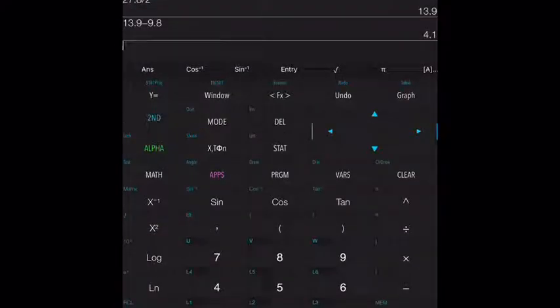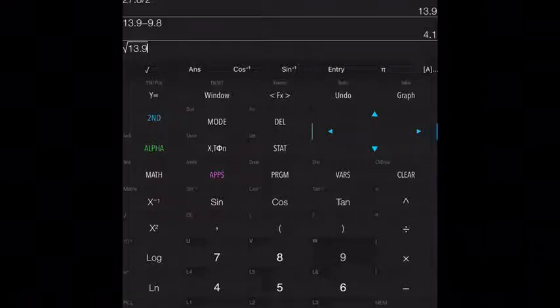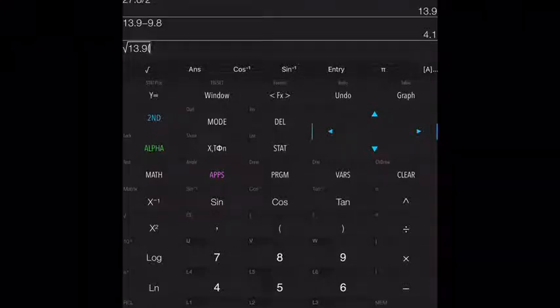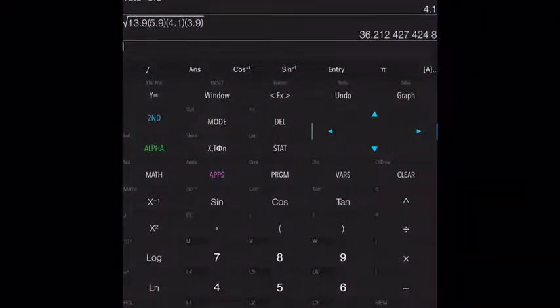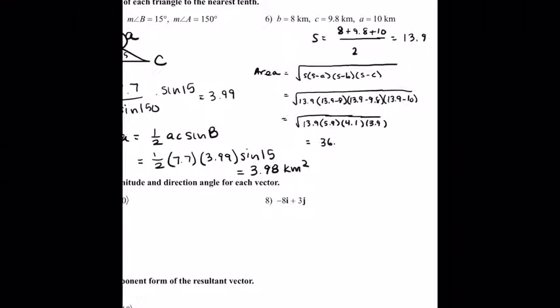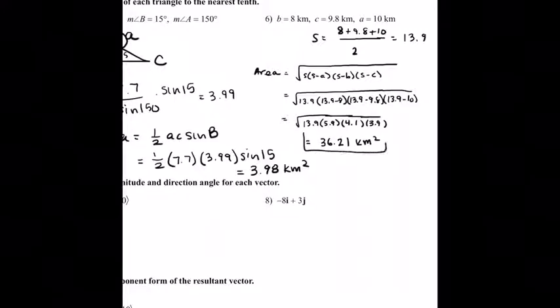So we need the square root of 13.9 times 5.9 times 4.1 times 3.9. I think it was 3.9, yeah. 36.21. What do we have, kilometers again? Kilometers squared.